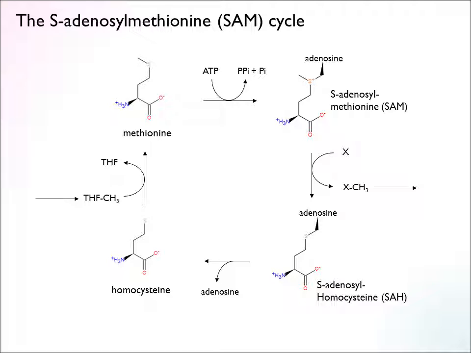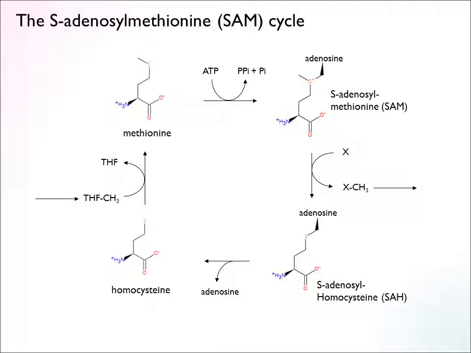And then methionine is activated, you might say, by adding the adenosine group. So here an ATP is used, and the adenosine group is attached to this sulfur atom in methionine to form S-adenosyl methionine, or SAM.